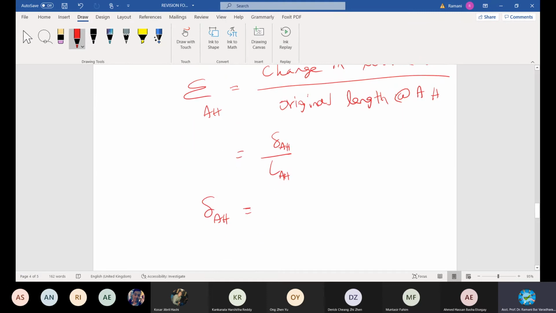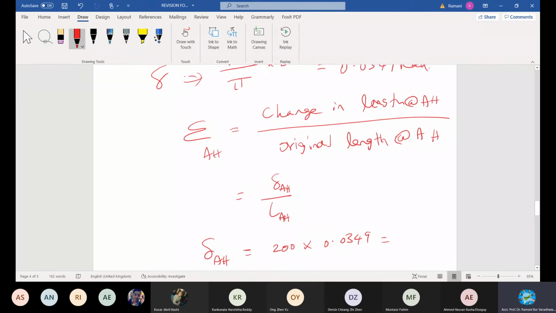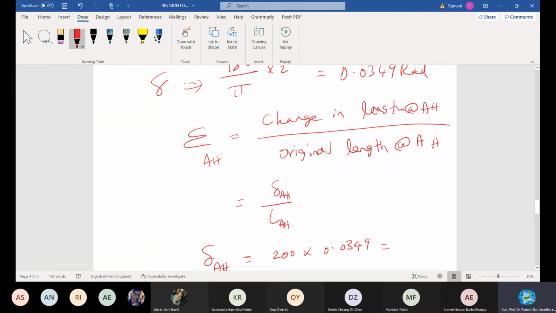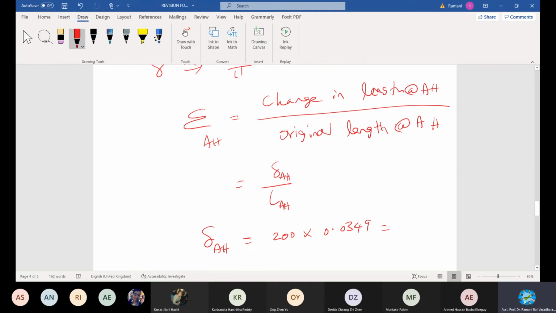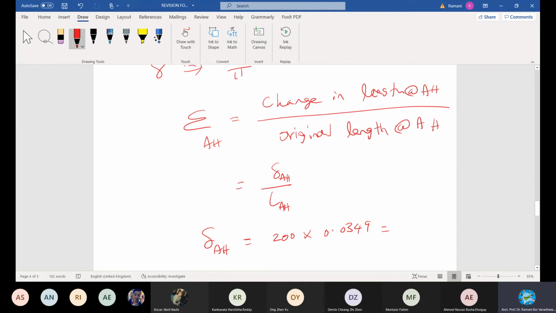Shall I write the value here? Delta AH is equal to 200 times 0.0349. Just leave it like this. What is the answer here? You want the change in length, right? Then we need the equivalent delta AH.